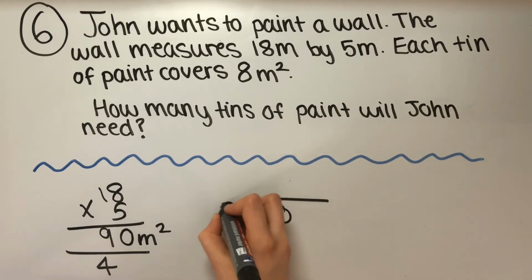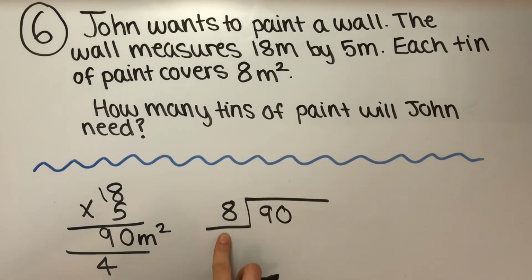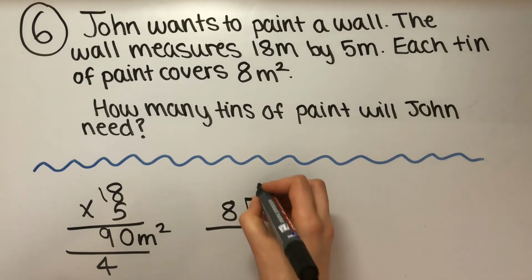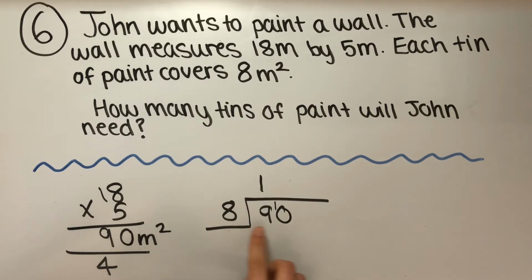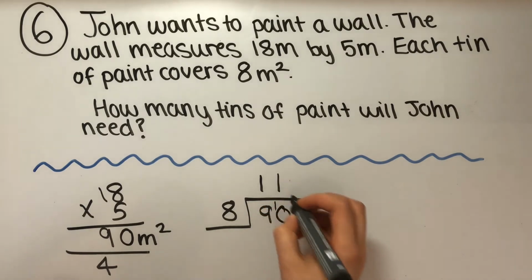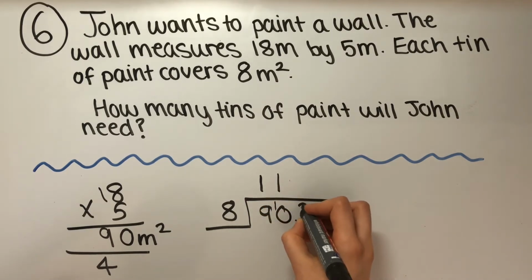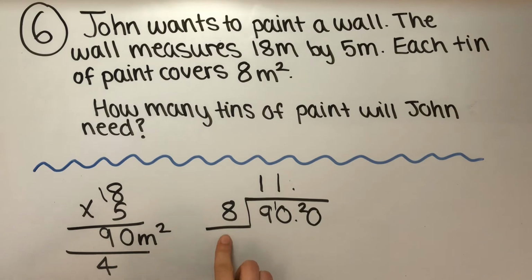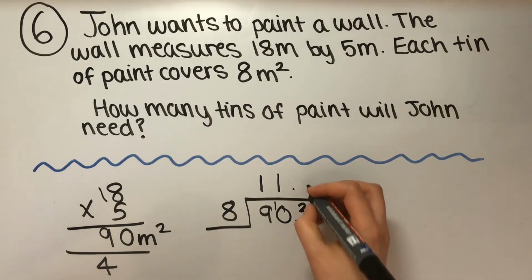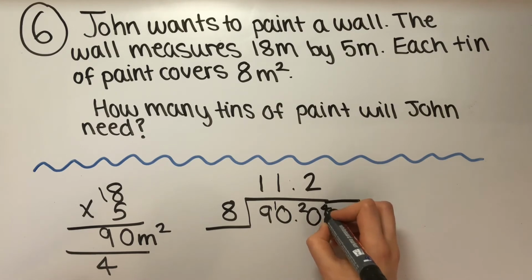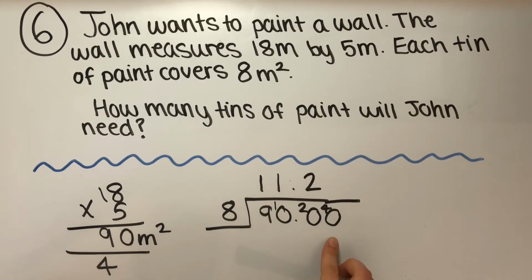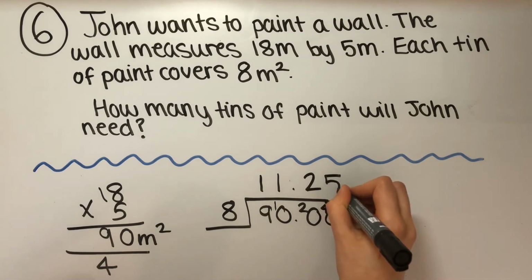90 divided by 8. 8 into 9 goes once with a remainder of 1. 8 into 10 goes once with a remainder of 2. 8 into 20 goes 2 times with a remainder of 4. 8 into 40 goes 5 times.